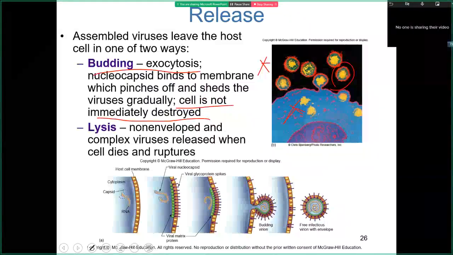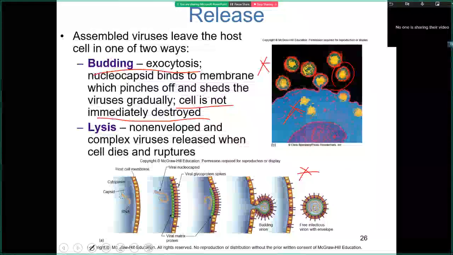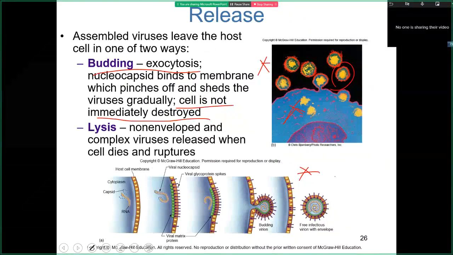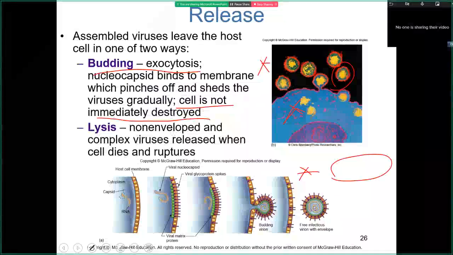So this little picture down here, this is actually a diagrammatic representation of lysis. Let's say this is a bacterial cell, because these little X's are all the viruses.